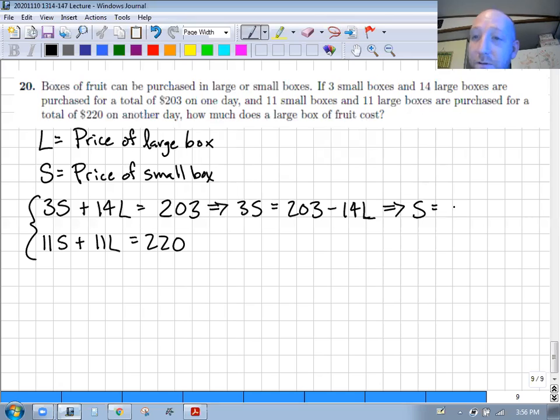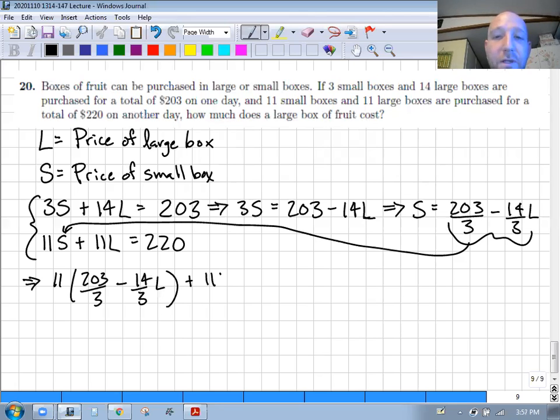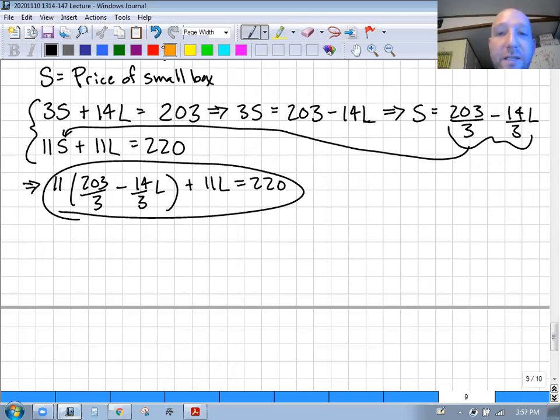S equals 203 over 3 minus 14 over 3 L. I will plug that in over here for S. So we have 11 times (203 over 3 minus 14 over 3 L) plus 11L equals 220. All right, so we have one equation with only L in it, so we can solve for L now.